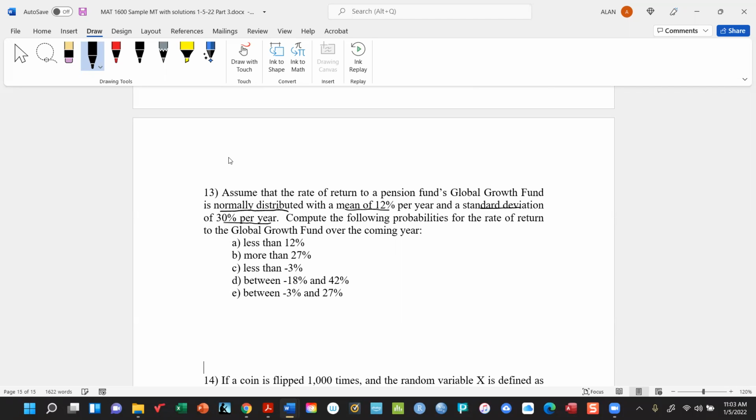So we'll use the letter X to represent these rates of return to this global growth fund. So we said that X is normal, the mean, and because it's a percent, we'll rewrite it as a decimal.